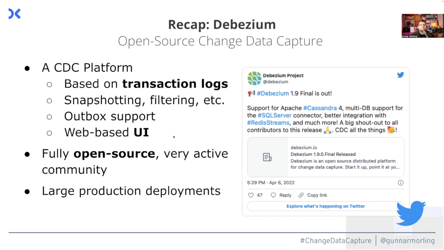And it has a very active, a very lively community around it. Up to this point, more than 350 people have contributed to Debezium in one way or another. And there are massive deployments out in the field where people use it to capture changes out of hundreds or even thousands of databases. So it really is battle proven and has proven its value in this sort of large scale environment.